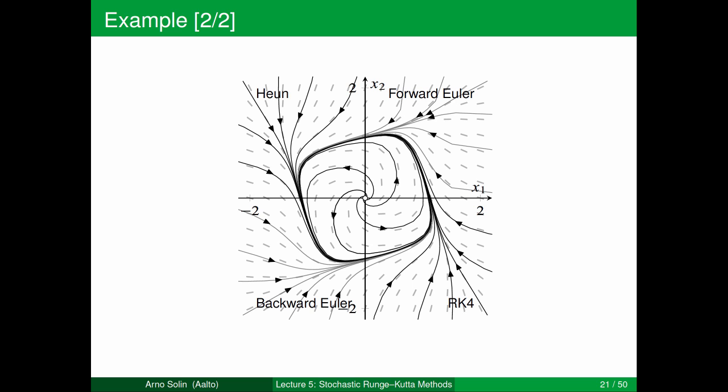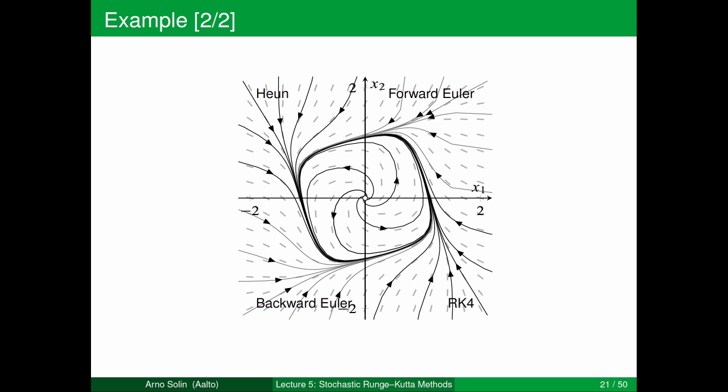So now, for example, for the forward Euler problem, the step size is clearly too big. You see that the solution trajectories are not smooth and they tend to jump around a bit, even though they are not completely diverging. The classical Runge-Kutta 4, the fourth order Runge-Kutta method, and the Heinz method, which we briefly considered earlier, perform a lot better, but not even they are giving the completely same solution trajectories.